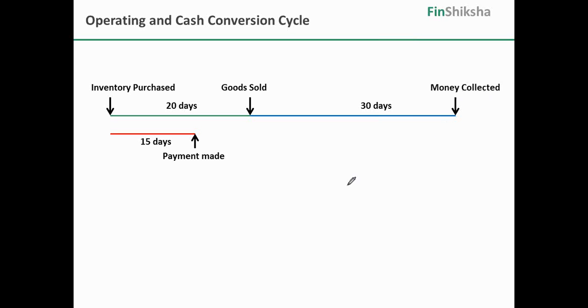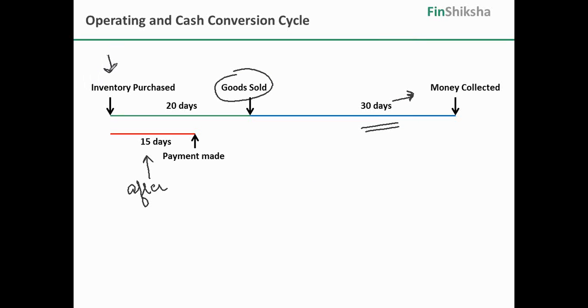So let's try and understand this once again very clearly. What have we done here? We have bought the inventory somewhere here. We made the payment after 15 days. It took 20 days to convert inventory into finished goods and sell it. Once we sold it, it took another 30 days to receive the money. Fine. Now effectively, there are numbers that we can understand.